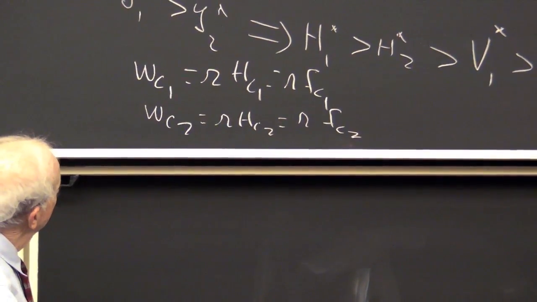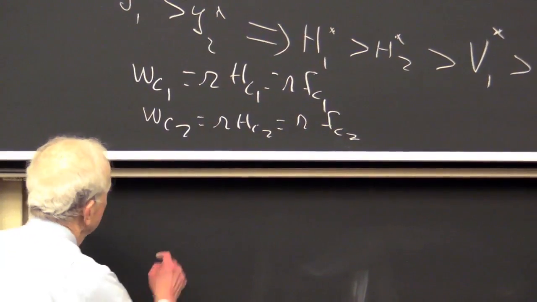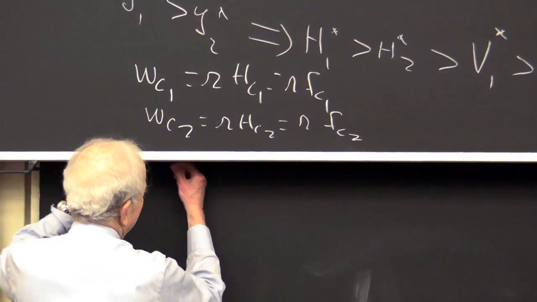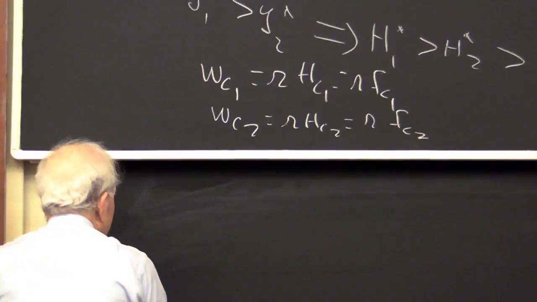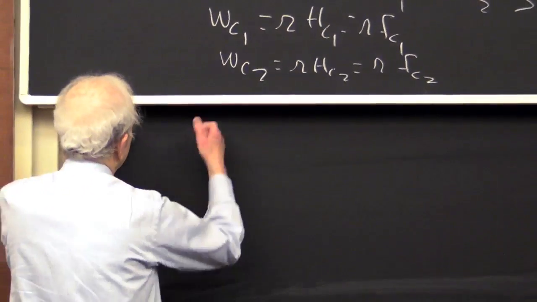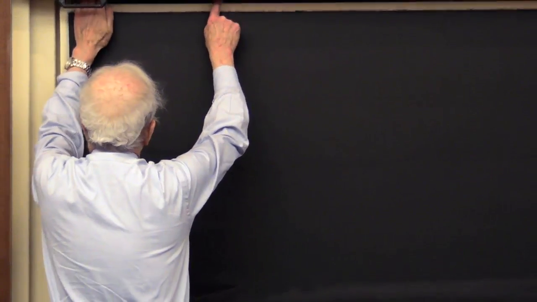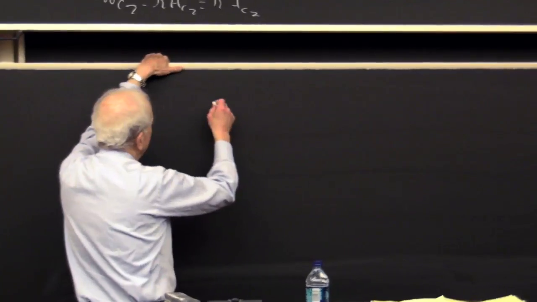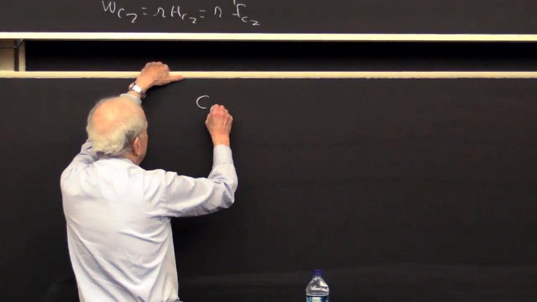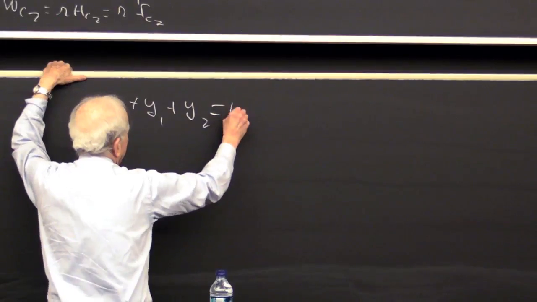Those determine the income. And parents then want to maximize, subject to the budget constraint of parents. What is the budget constraint of parents? Well, it would be C of parent plus Y1 plus Y2 is equal to W of parent, right?